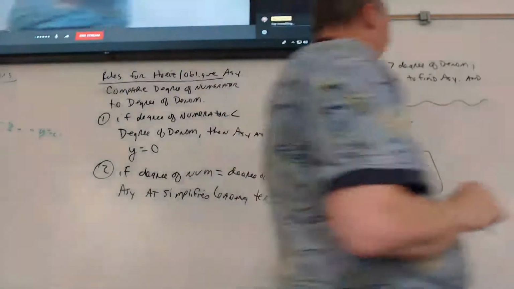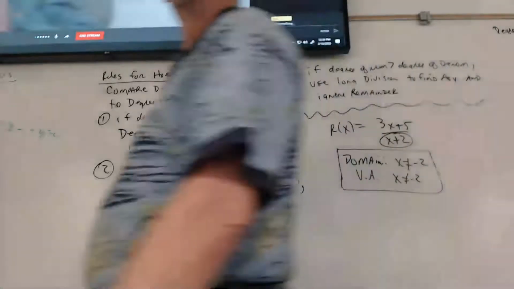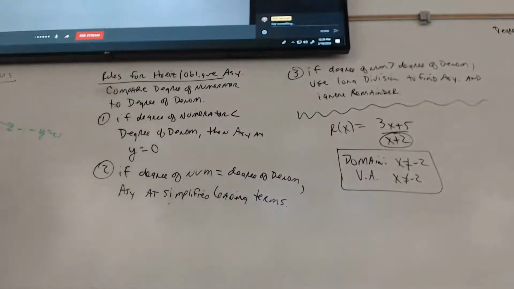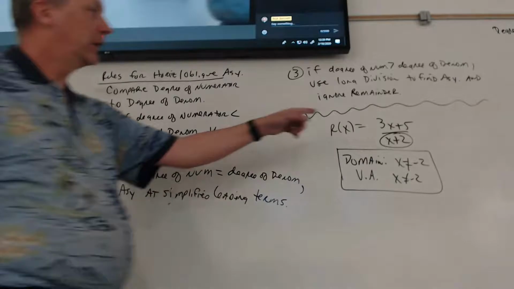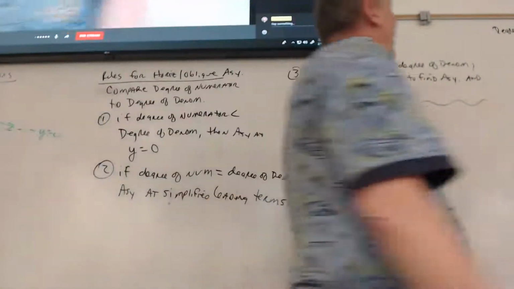All right, now let's talk about the degree of the numerator over the denominator. We're going to pick on Daniel. What is the degree of the numerator right here? 1.